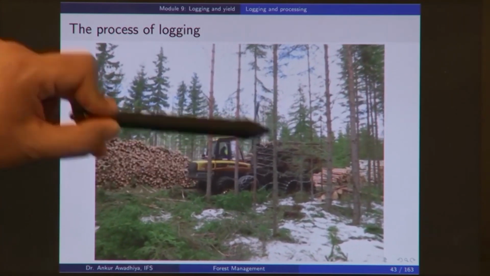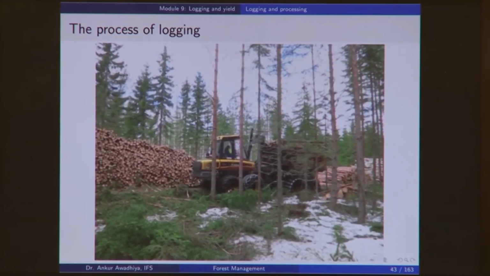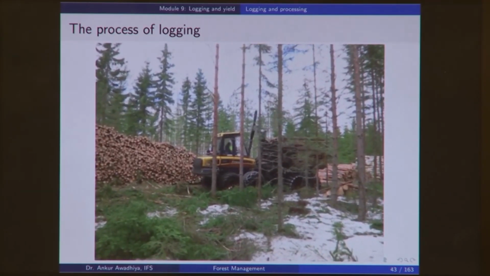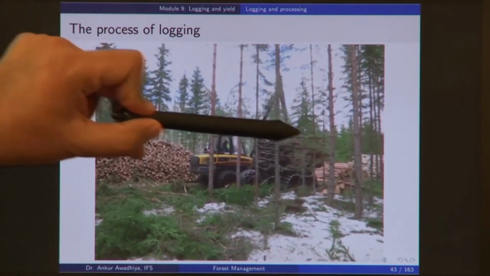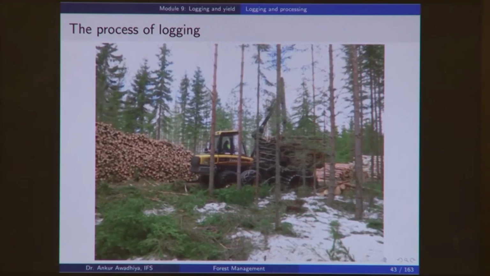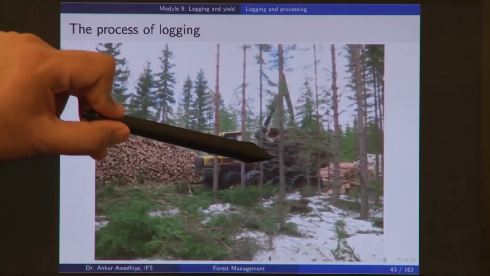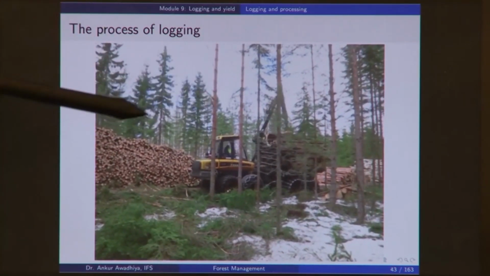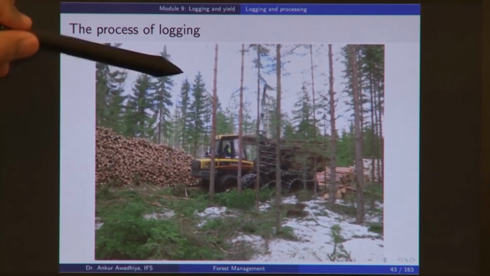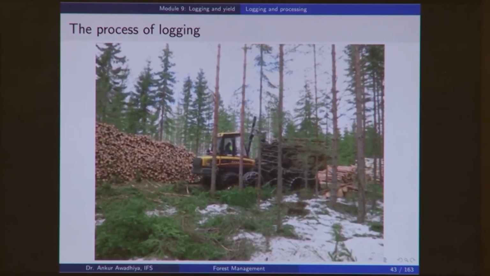Here it is taking them out and dumping them on this stack. Here you have a crane, here you have a stack of logs in the truck, and with this machine we are taking these logs, and then using the crane we are taking them out and dumping them. So, this is how a forwarder works.